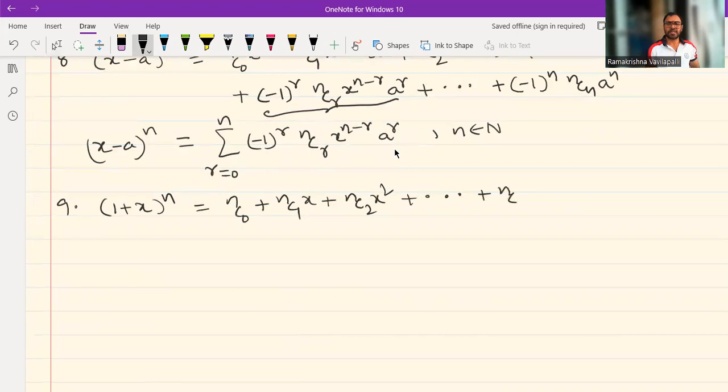You can write the general term nCr x^r plus and so on. The last term is nCn x^n. Here the powers of x are in increasing order. If you want, you can write in decreasing order also. So in sigma format, sigma nCr x^r.